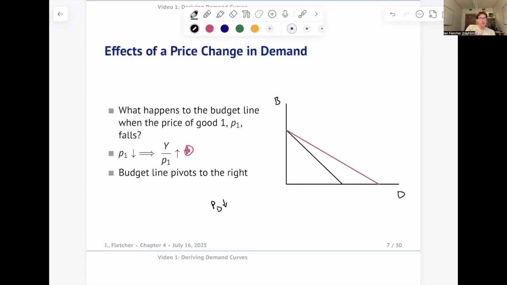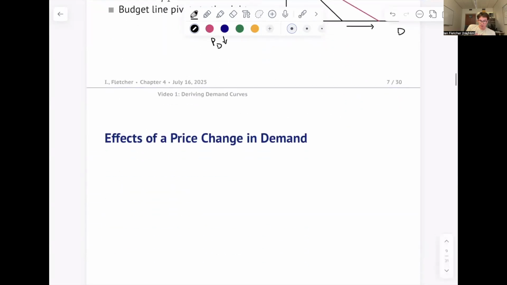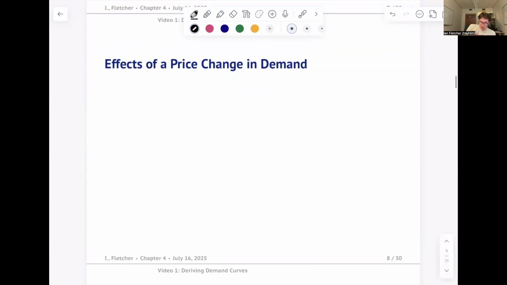And so it's going to be shifting out, right? So we're going to see this pivot this way. So let's think about all of these together. Let's think about all of the possible combinations that we can deal with.